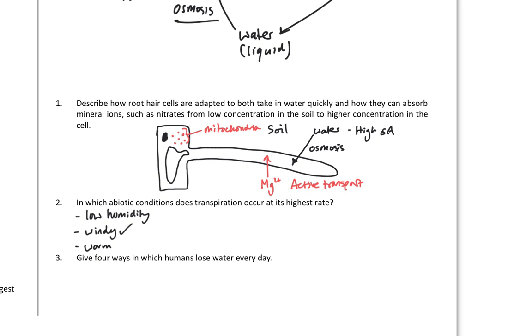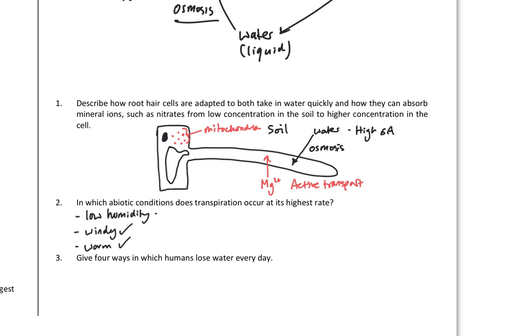So normally windy and warm are good, but people get humidity the wrong way around and say high humidity is going to be good. But high humidity is like in a jungle environment, and sweat doesn't leave the skin because it's got nowhere to go. The air is 100% humid. You've got water on your skin. It can't evaporate because it's got nowhere to go, and therefore it just sits on the skin.